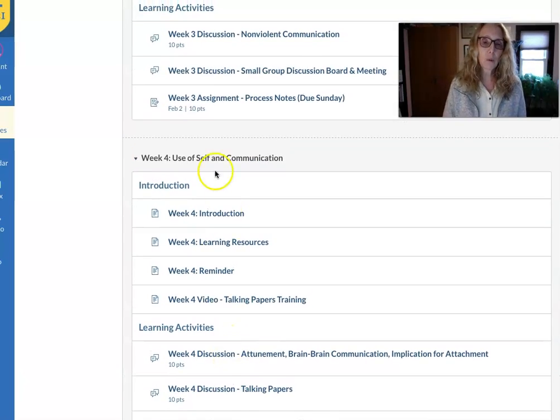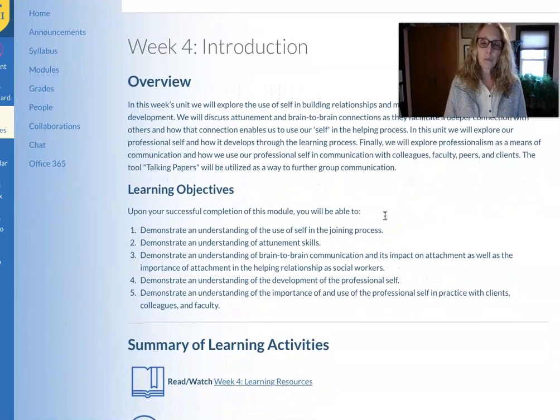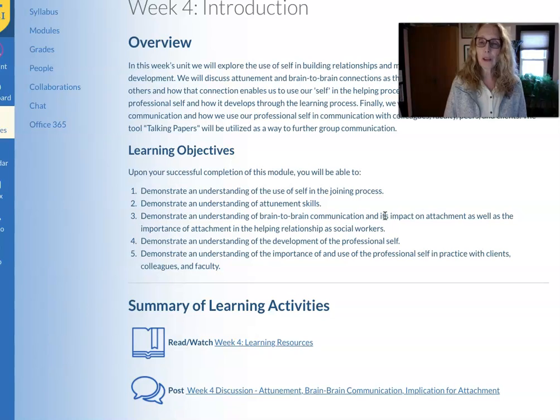Okay, so let's look at what we're doing this week. I'm just going to scroll through, using the next button. So we're building relationships. You're working in your groups now. It's still early, although you might begin to approach what we call the chaos phase.